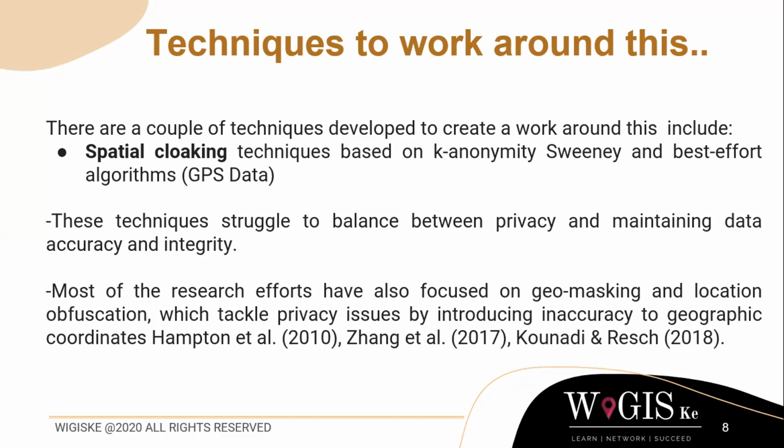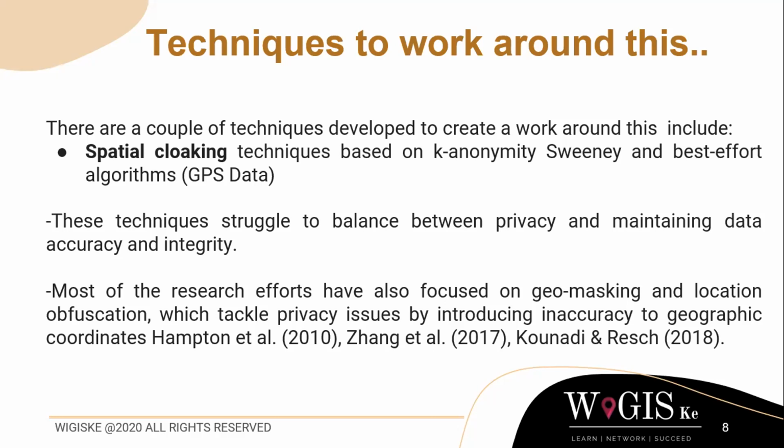The challenge with this is that you have to compromise on something. It's either you remove privacy and maintain data accuracy and integrity, or you remove data accuracy. So this means you're exchanging different aspects and attributes of this data for privacy. It's like a catch-22.